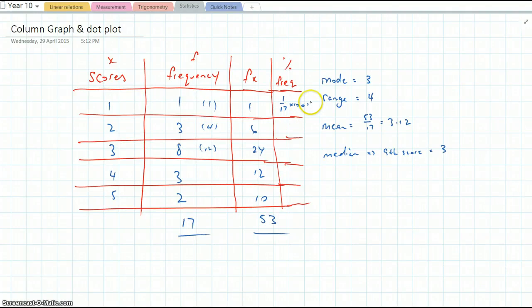1 divided by 17 times 100 gives us 5.9. So the next one will be 3 over 17 times 100, which will be 17.6%.